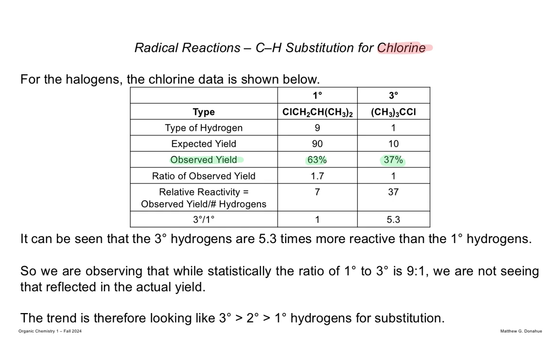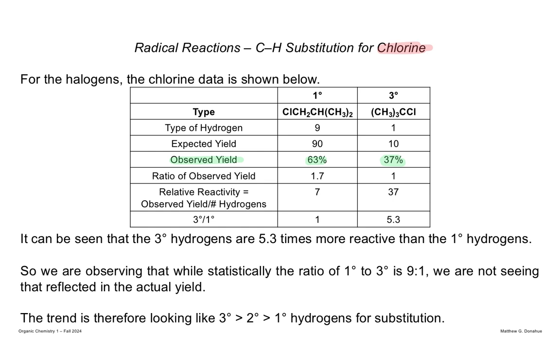So we would take each of those, divide by 37. That gets you the next row, which is the ratio. The relative reactivity, you take the observed yield divided by the number of hydrogens.